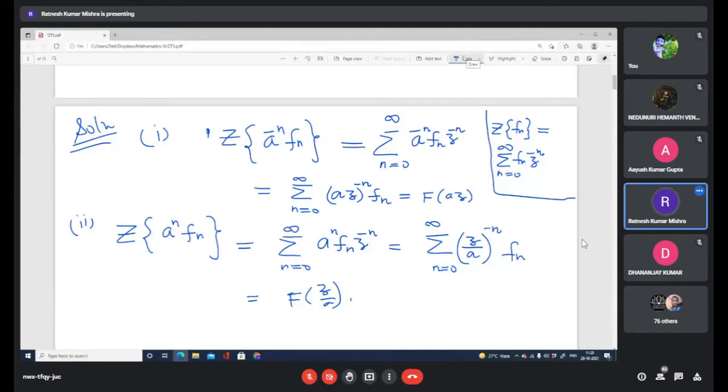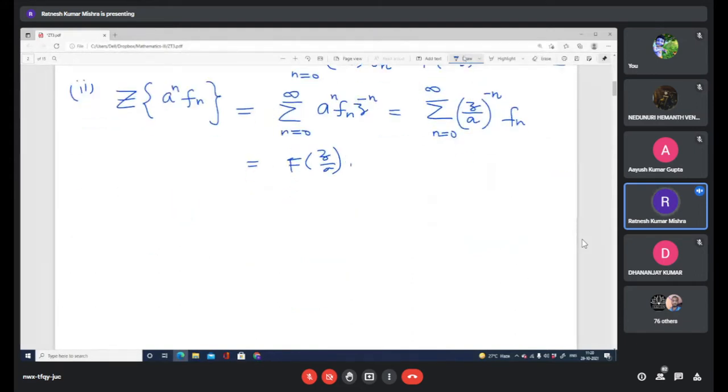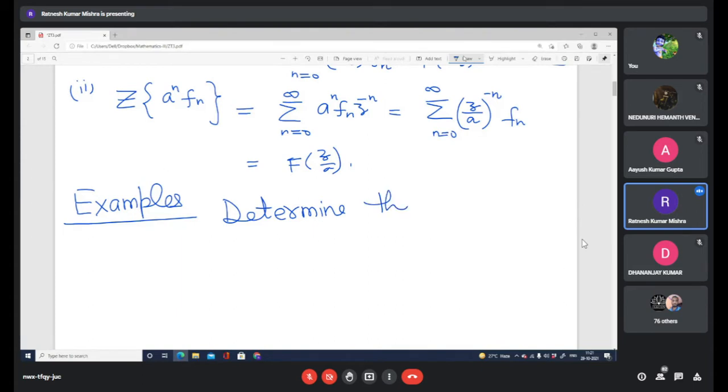So now we solve these two examples. Determine the following.